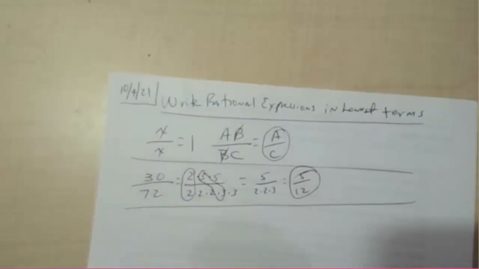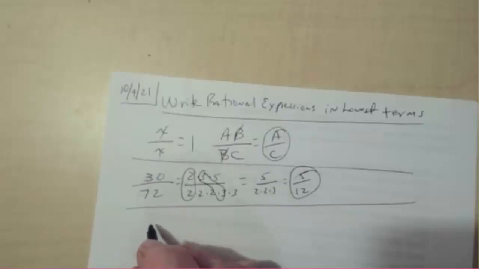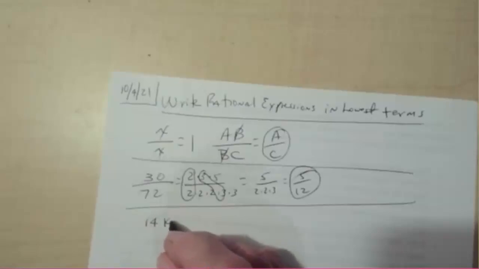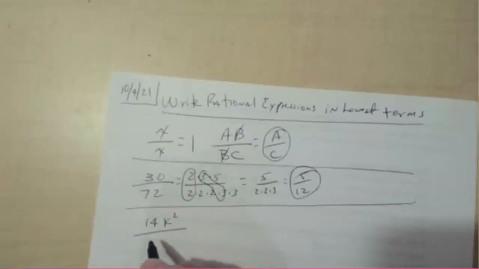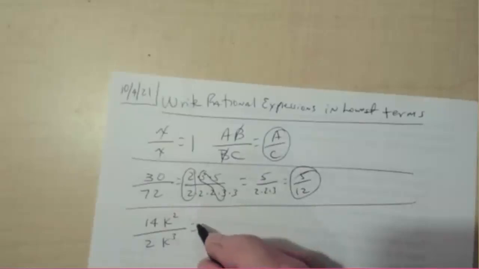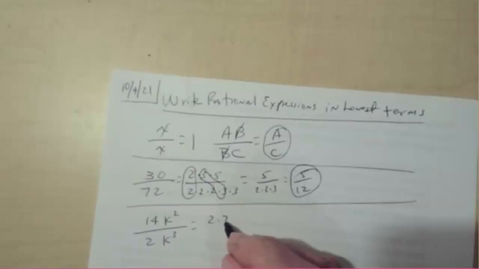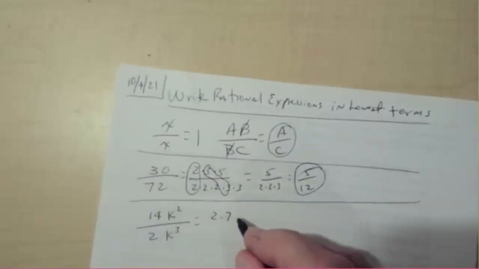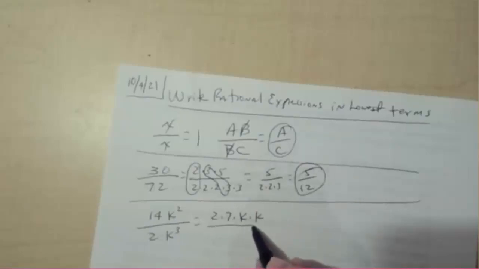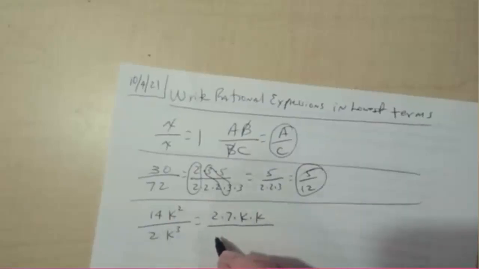Now, all this kind of morphs into 14 k squared divided by 2k to the third. Now, what are the factors of 14? First of all, it's 2 times 7, and k squared is k times k. And 2 is a prime number.